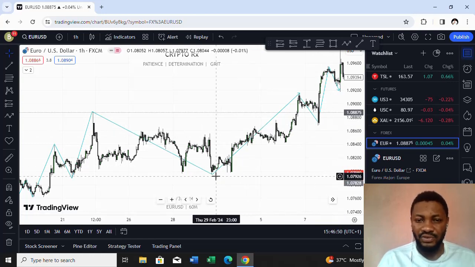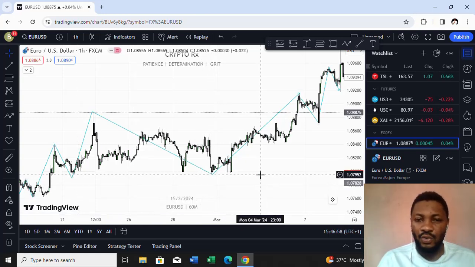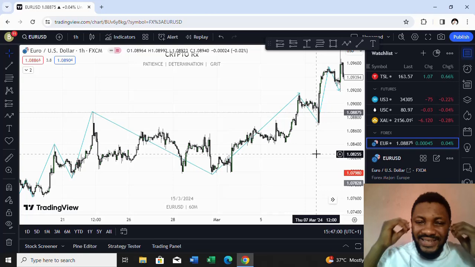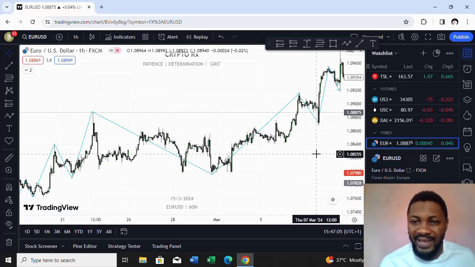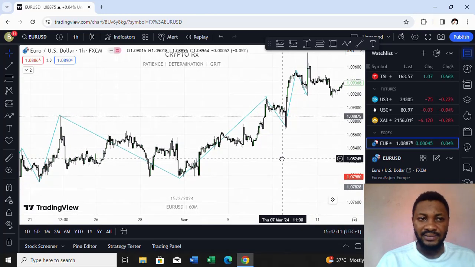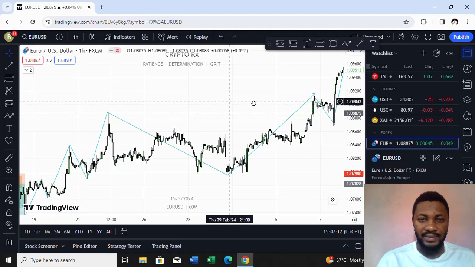Therefore, these places are the protected lows, the point of invalidation. Once price breaks any of these lows, we can say that the market is now trying to reverse. There is now a change of character in the market. So that is that about that.